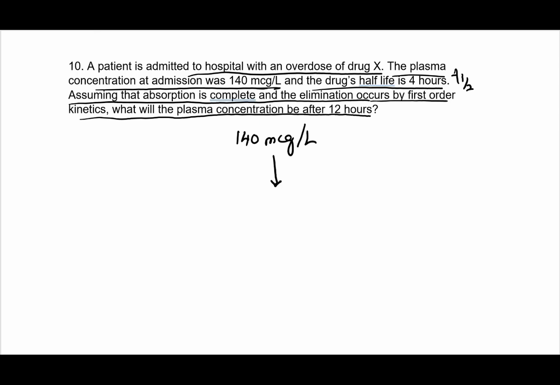Because it's first order kinetics, and assuming that absorption is complete, after the first half-life, 140 mcg will be reduced to half, so that will be 70 mcg per liter left. After the second half-life, this 70 will be reduced to half, so that will be 35 mcg per liter. And after the third half-life, this 35 will be reduced to half, 17.5 mcg.